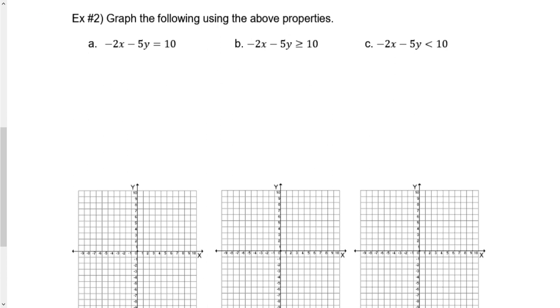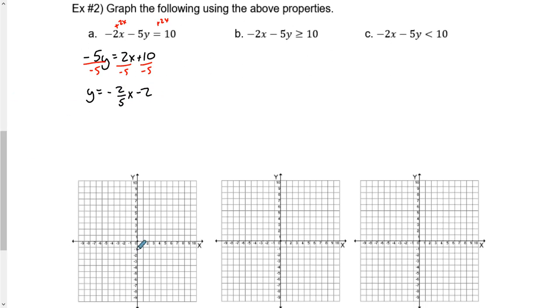The first one is the exact same one that we've done before. First things first, we want to add the 2x. Then we'd have negative 5y equaling 2x add 10. Divide by the negative 5. y would equal negative 2/5 x subtract 2.